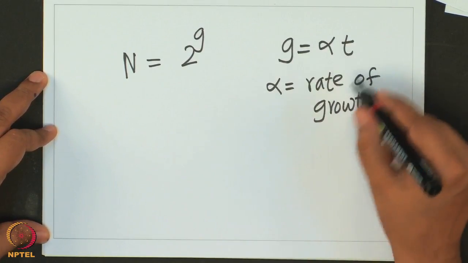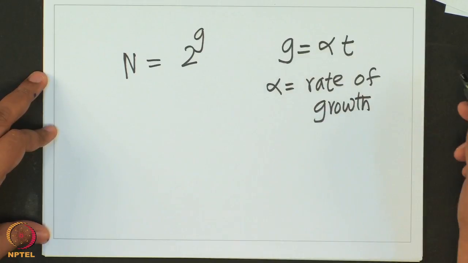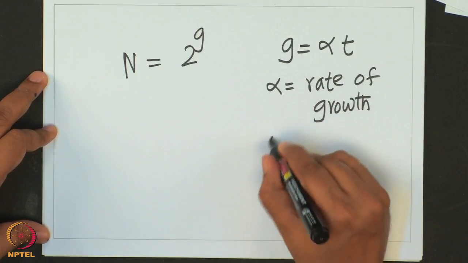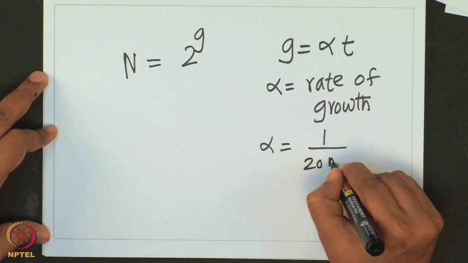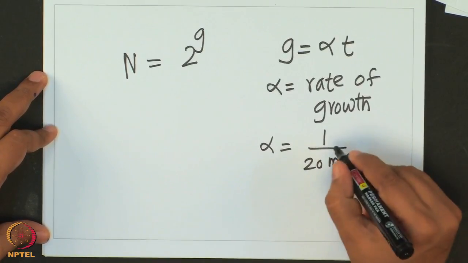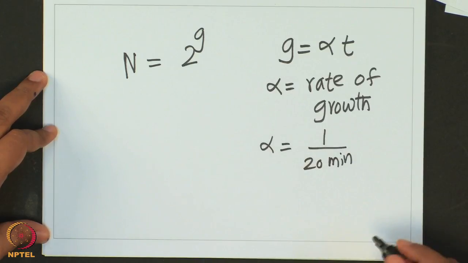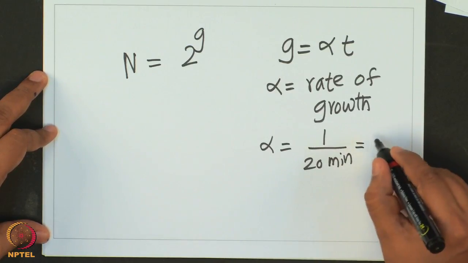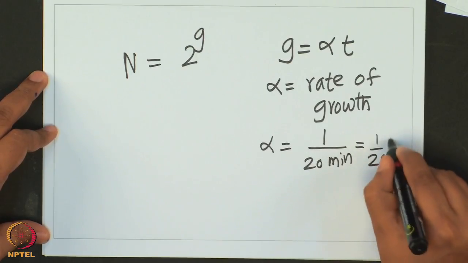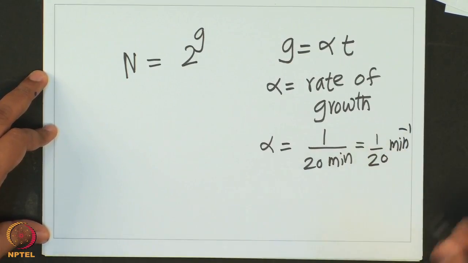So alpha g I could write as alpha t. Let us say alpha is equal to 1 over 20 minute, that is 1 per 20 minute, the inverse.